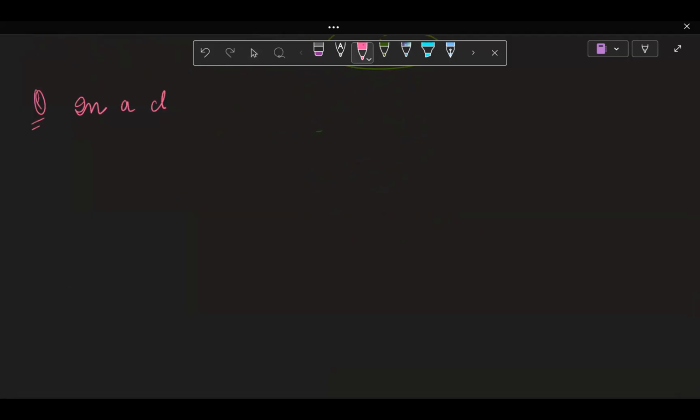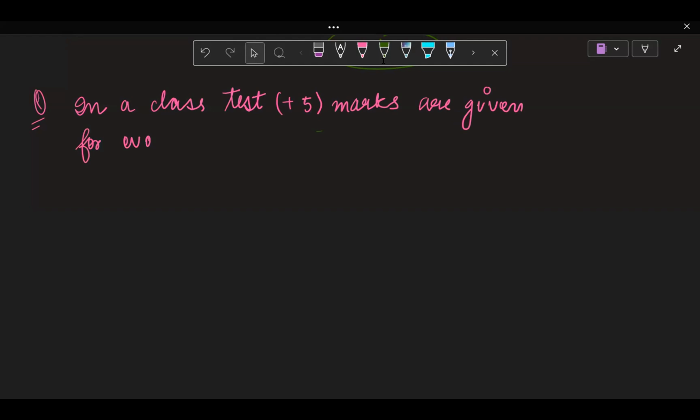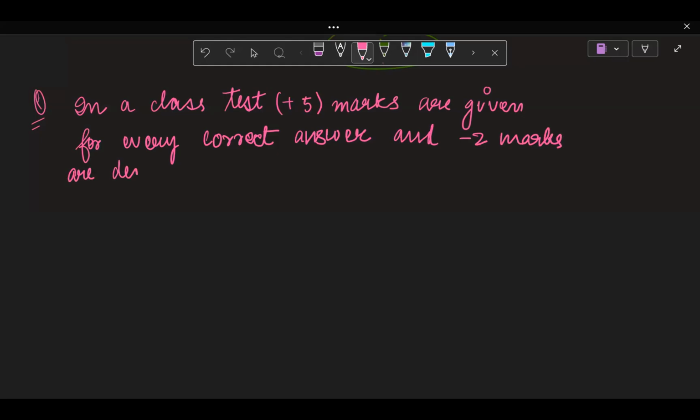In a class test, plus 5 marks are given for every correct answer, and minus 2 marks are deducted for every incorrect answer.